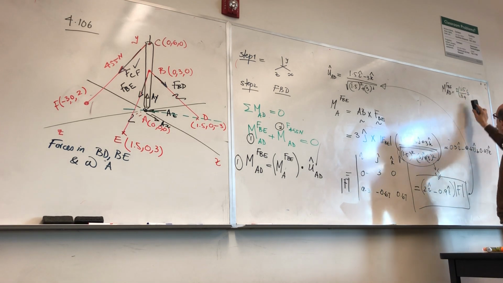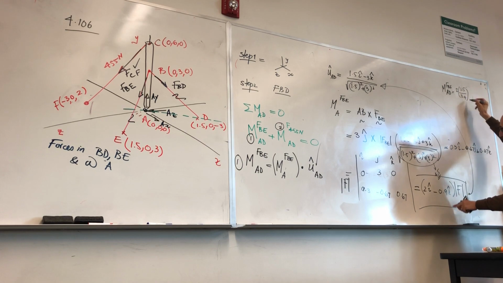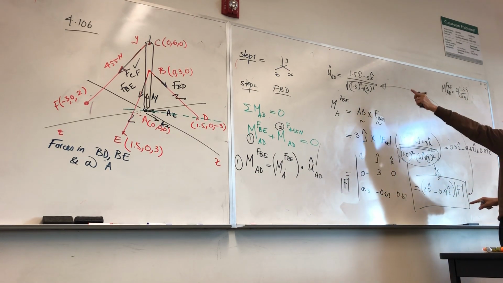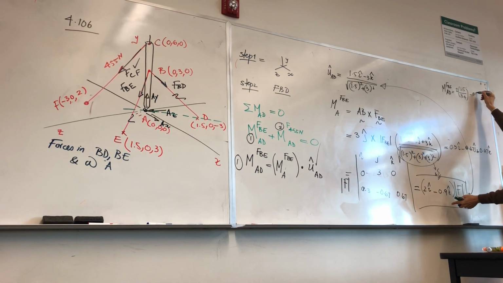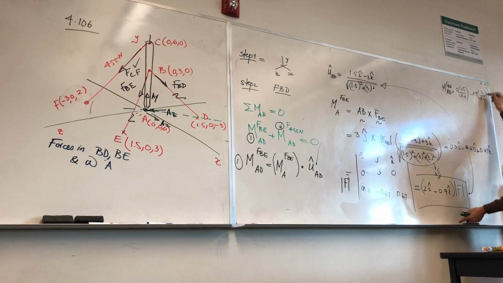So that's that, right? That's I times I, right? J times J, there is no J. Then K times K. So I will have 0.9 times 3 over 3.4.